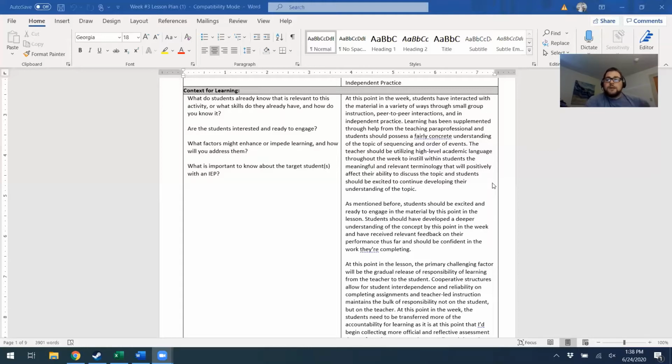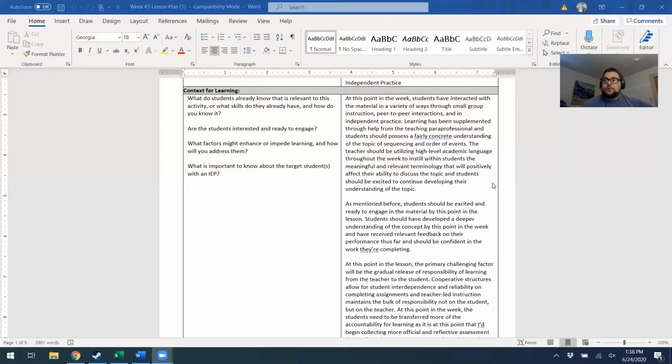Now, throughout these lessons, the teacher is going to be utilizing high-level academic language throughout the week to instill within students the meaningful and relevant terminology that will affect their ability to discuss the topic, and students at this point should be excited to continue developing their understanding of the topic.